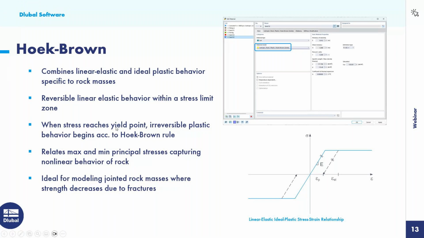But when the stress reaches the yield point, we have irreversible plastic behavior, but this time it's going to be according to the Hoek-Brown equations. So this relates max and min principal stresses, capturing that nonlinear behavior of rock. Therefore, it's ideal to use this soil material type for modeling jointed rock masses where the strength decreases due to fractures.